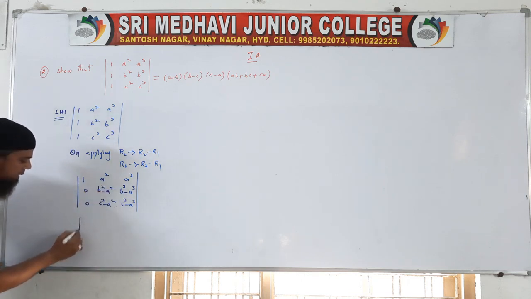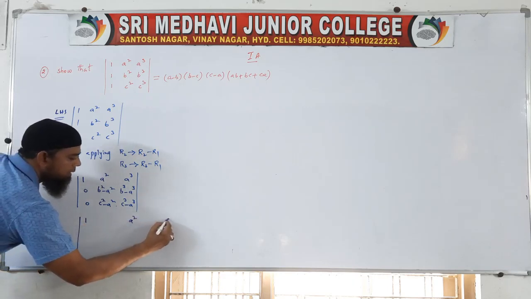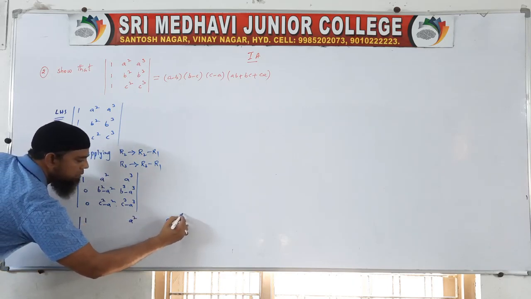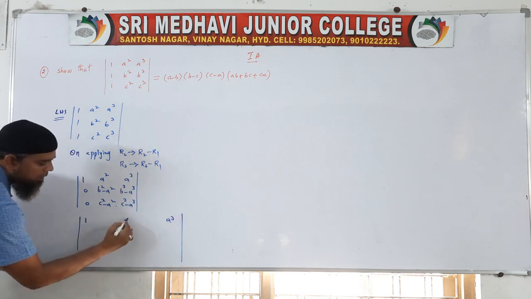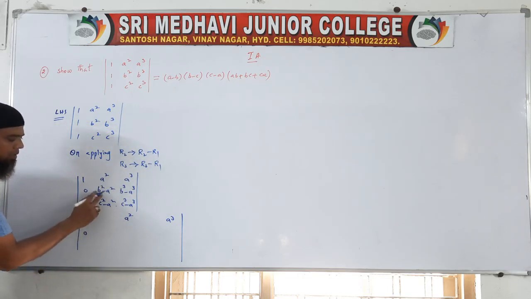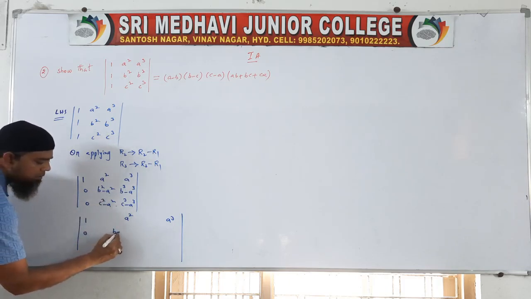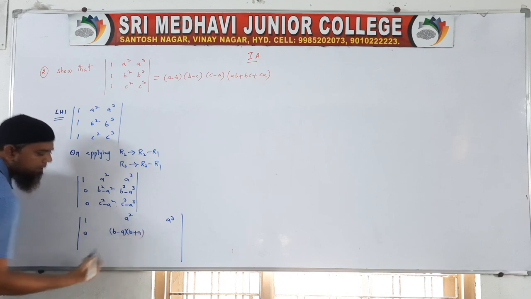See, I am writing here 1, here a square, here a cube, because we are going to write the formulas here. 1 a square a cube, 0 is as it is. The b square minus a square formula is b minus a into b plus a.